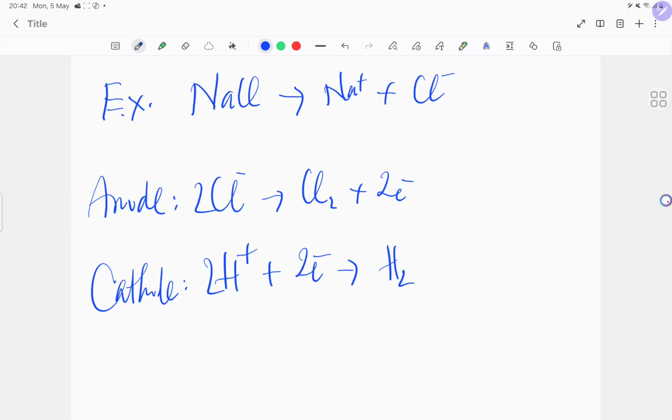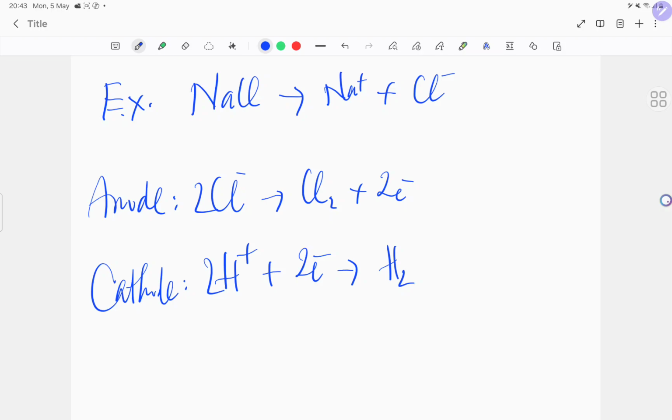So just copper is used at the anode, and the solution of electrolyte is copper 2 sulfate. During electrolysis, is there any change, and what change is it, of the color of the solution?